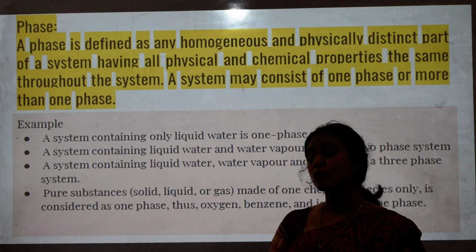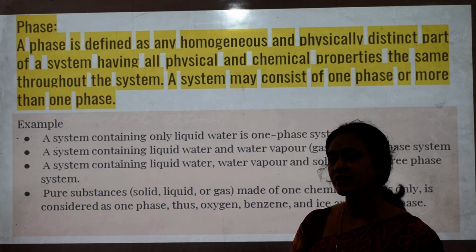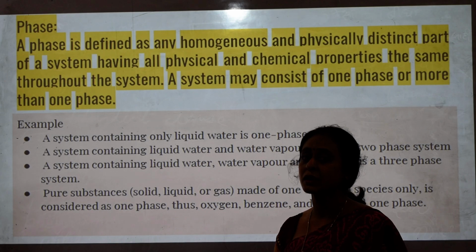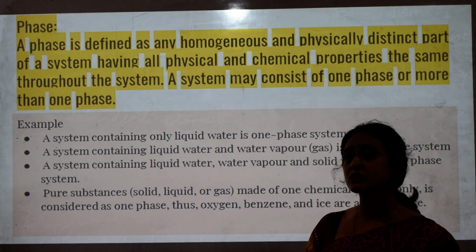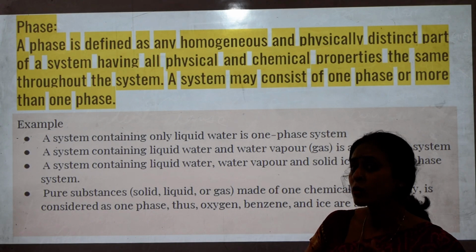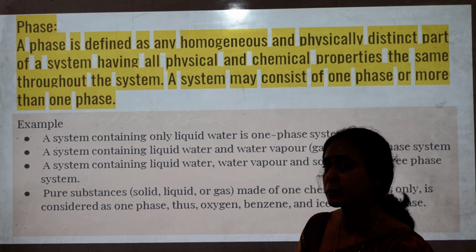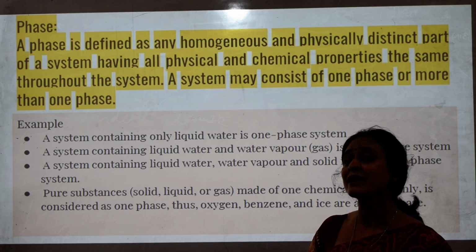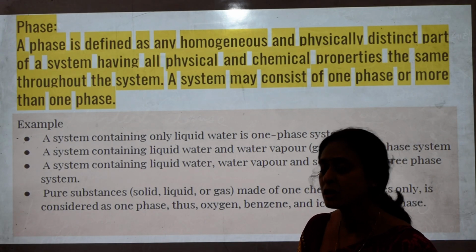Now it is not always so that only three phases could possibly exist in any system. More than three phases also exist. Now you will ask yourself, how come there are only three phases, solid, liquid and gas, and how come more than that will also be present? Yes, of course.